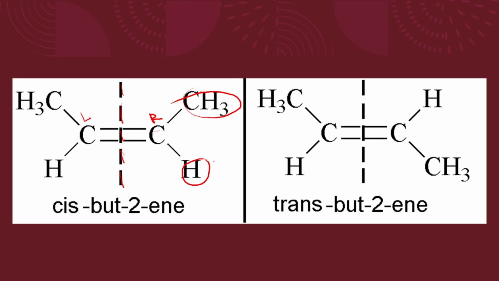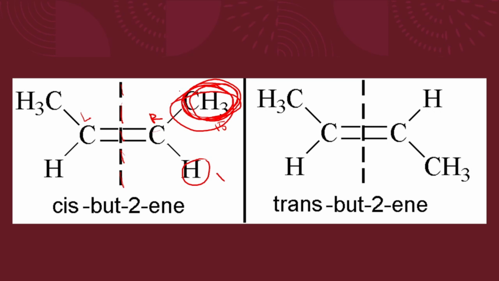If you check the periodic table, you will find that the atomic weight of hydrogen is 1, while the molecular weight of methyl is 15, because the atomic weight of carbon is 12 and each hydrogen equals 1, so we have basically 15. So the molecular weight of the methyl group is higher than that of hydrogen.